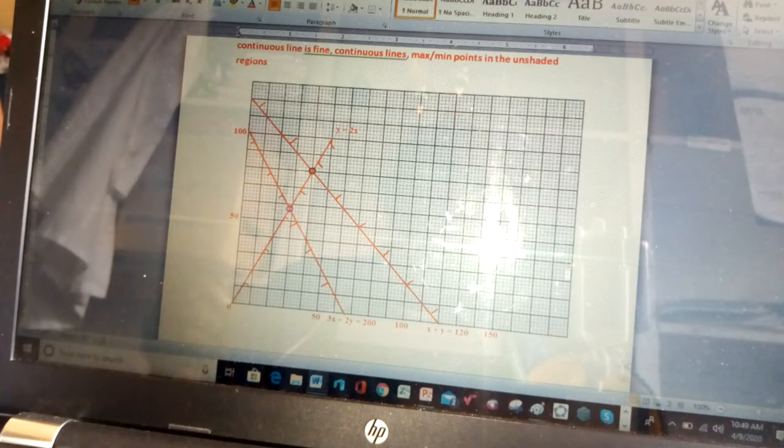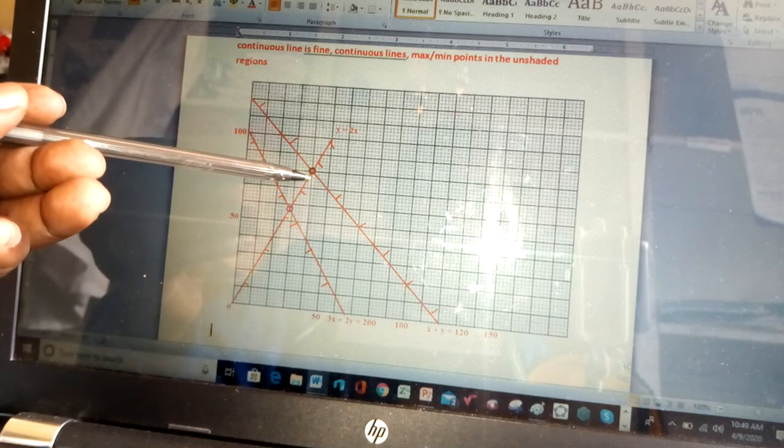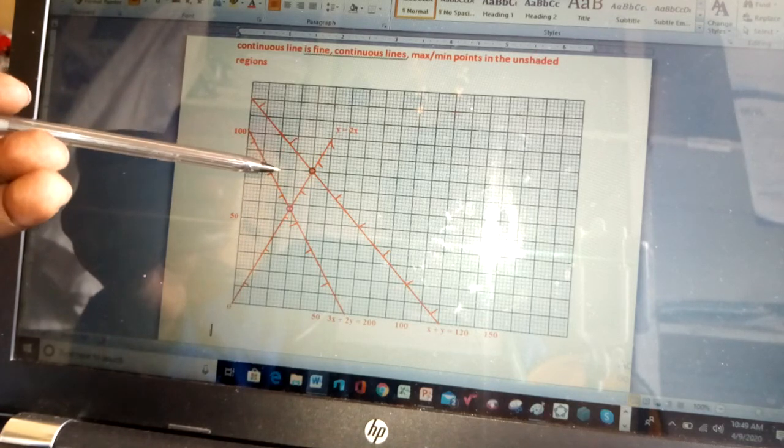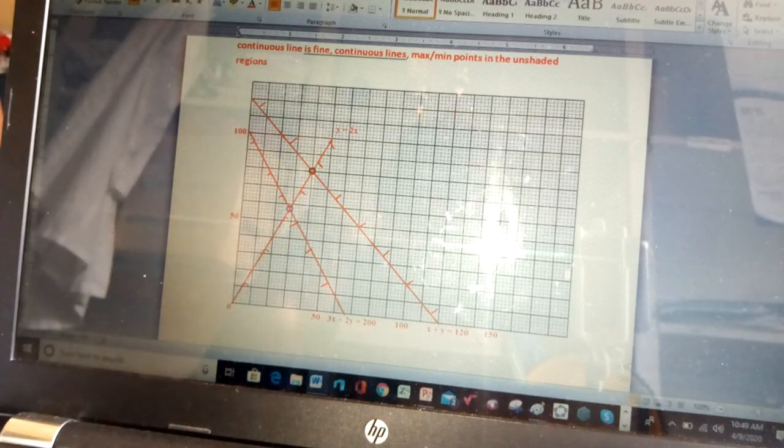Then you can use the search line to get any answer you get, be it here, any point, these points, anywhere. You must apply the x and y coordinates according to the constraints which were given. So don't just pick and think you are right. No, you pick and see, does it obey those constraints? If it doesn't, then that is not the answer. There will be one which will obey the constraints.